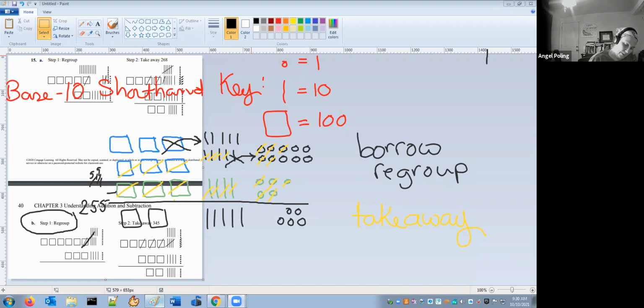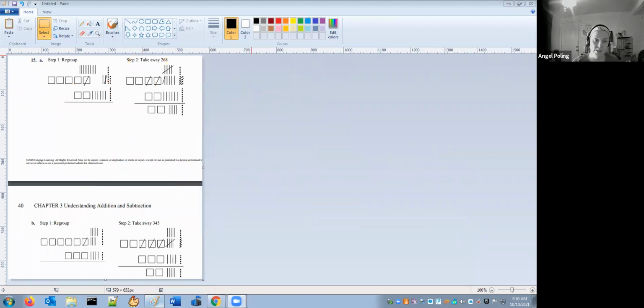And in their second step, they have the takeaway step, where the crossing out marks this time represent taking away. So whereas I represented it with two colors, the book represents it with two separate images.